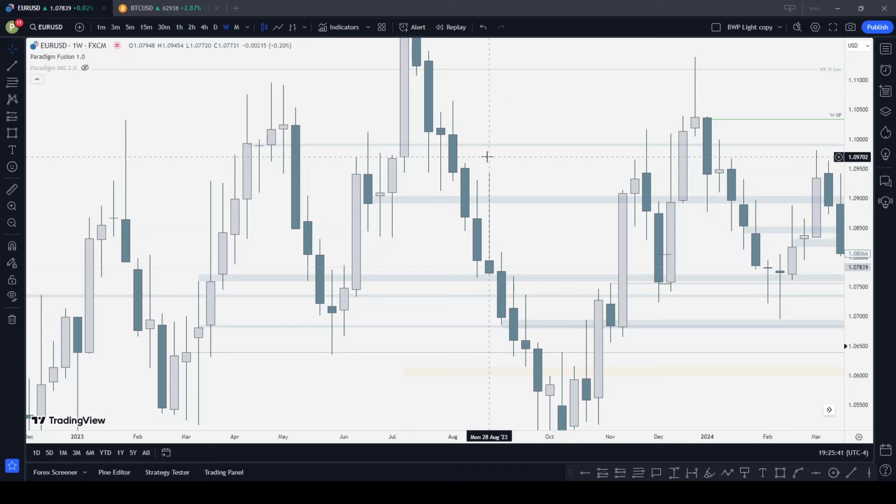The first return into a bearish new week opening gap, the algorithm will not allow a close above that bearish new week opening gap. All right, the first return, emphasis on the first return.